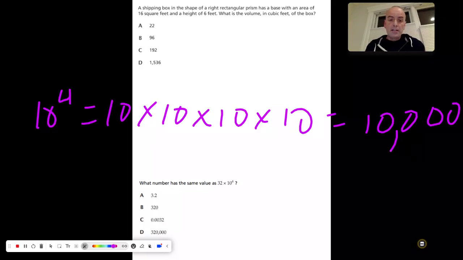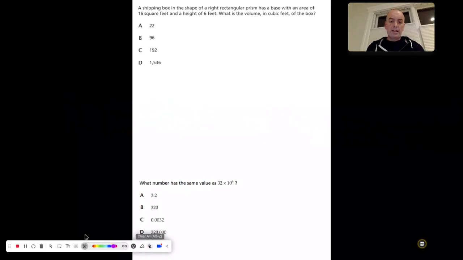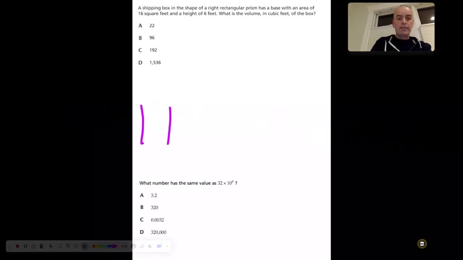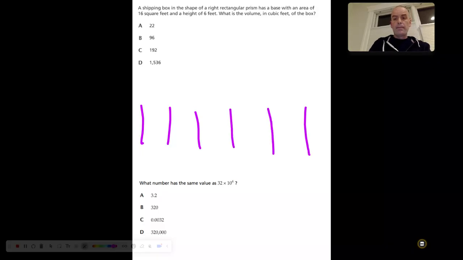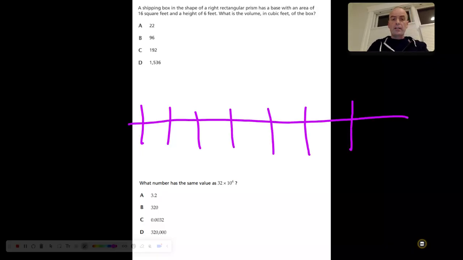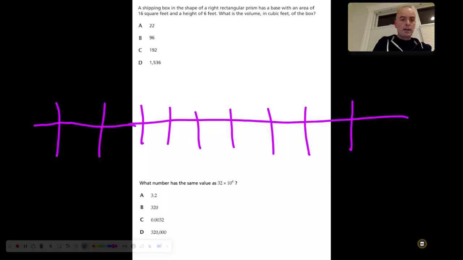Okay? So now that you remember what 10 to the 4th is, let's draw a little place value chart again. All right, just draw this up. And I think I'm going to have to go a little longer. Let's go 100,000 here.